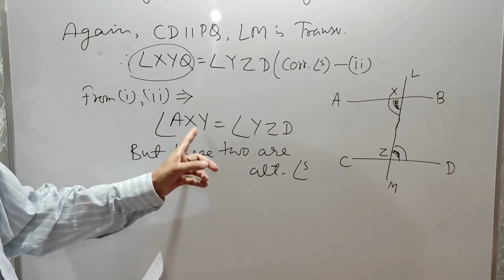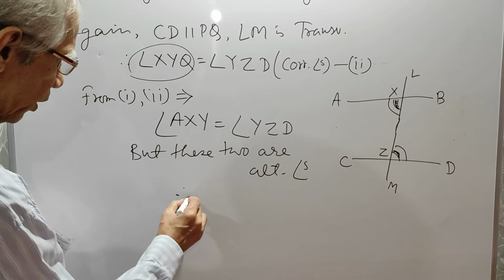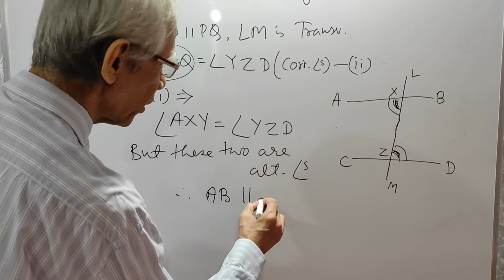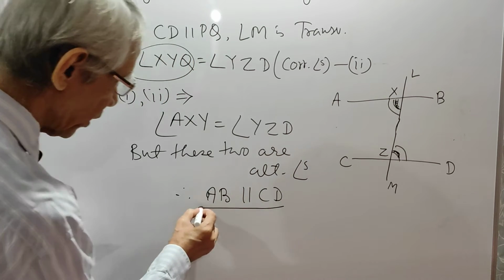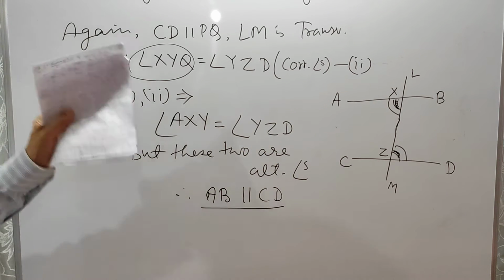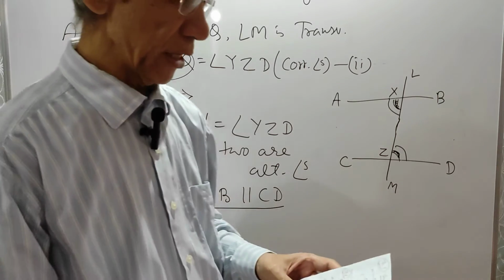So we have proved alternate angles are equal. Therefore, we conclude those two lines are parallel, that is AB parallel to CD. And that was what we had to prove. So got it. This is how you have to write systematically.